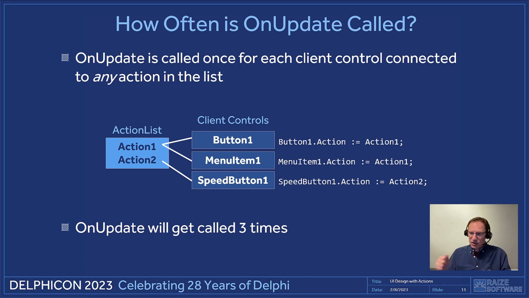Part of this is to make sure that everything gets updated appropriately, because if an update of one causes cascades for another, it needs to keep that in check. It just loops through a lot. It gets called 3 times, once for each of the client controls tied to the actions in the action list. So action 1 will get passed into the onUpdate call twice.